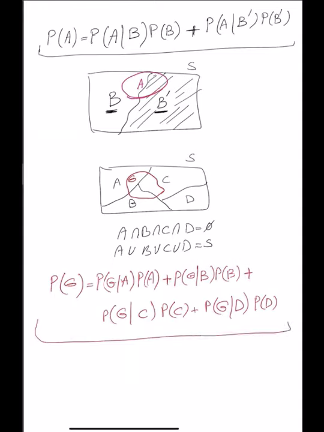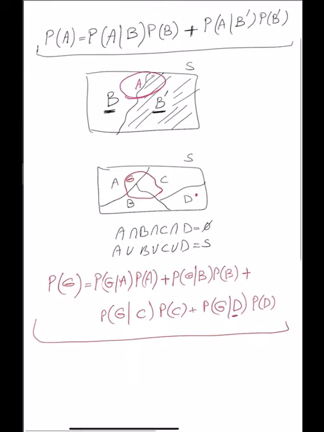But obviously, when we look at this shape, we know that if D happens, if I know the point I have picked is in D, then the probability of G happening is 0.